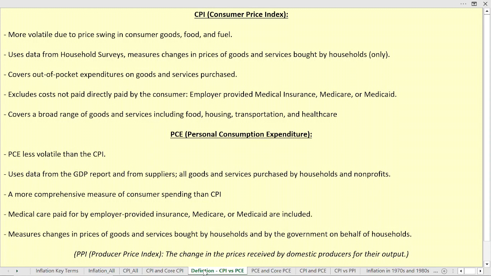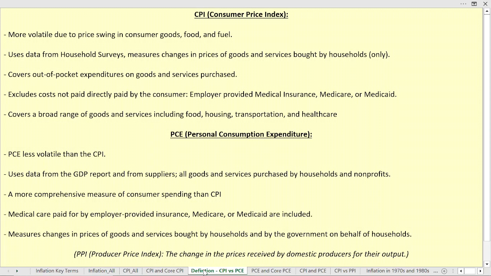It covers out-of-pocket expenditures on goods and services purchased. It excludes costs that are not directly held by the consumer, meaning that the cost for Medicare, Medicaid, and medical insurance, which is paid for by the employer, is not included in the CPI, and it's an important aspect to take into consideration.